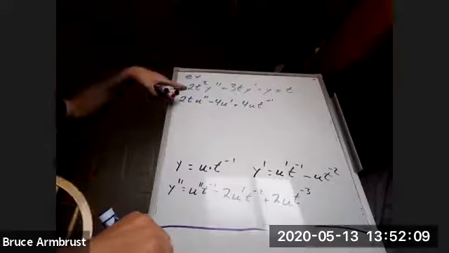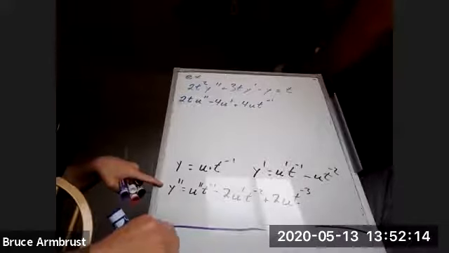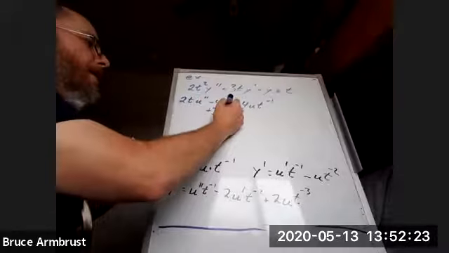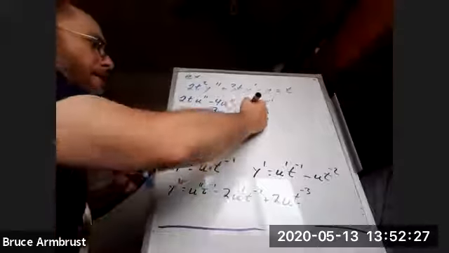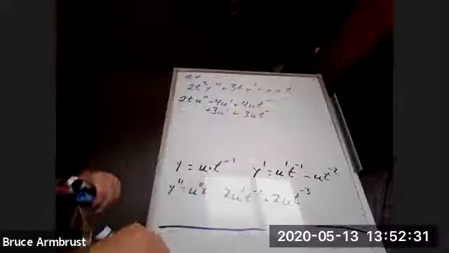So that was the 2t squared times y double prime. So then we're going to add 3t times y prime. So that's going to give us a 3u prime minus 3u t to the minus 1.